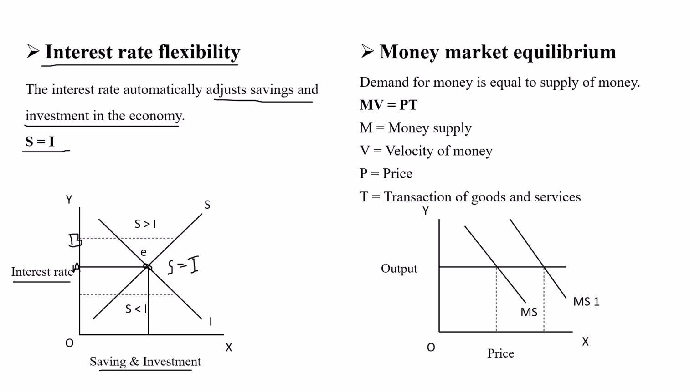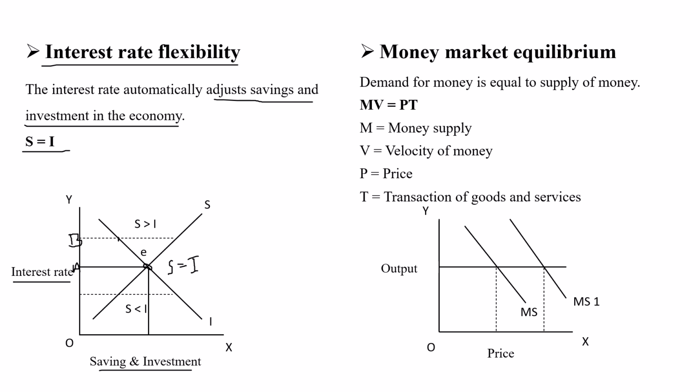When the interest rate is higher, the investment level is low, because the loan is costlier in the bank. People do not want to take a loan from the bank at the higher interest rate.